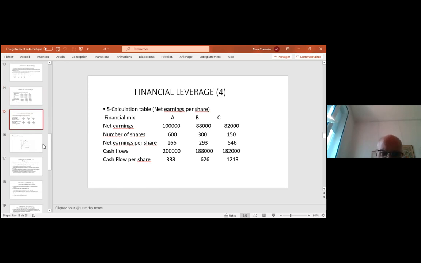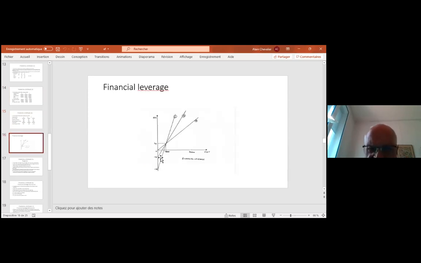That means it is clear that at a point which is 48,000 for the EBIT and 40 for the earning per share, we have something very specific, which is that the earning per share, the basic calculation for valuations, the basic calculation for return of shareholder, is completely independent of the financial structure.